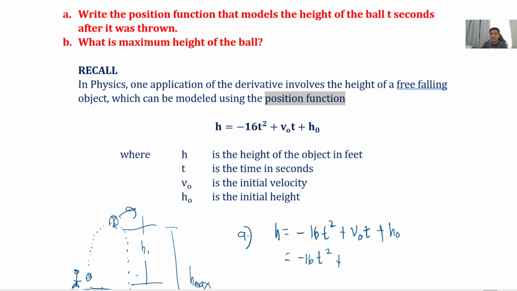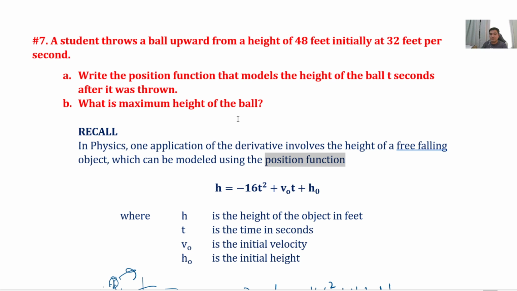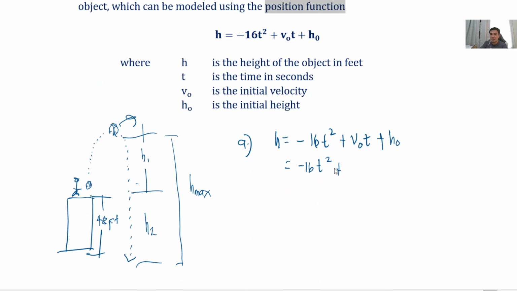Initial velocity is 32 feet per second, times time, which is another unknown, plus the original height, which is 48 feet above the ground. Okay? So, 48. That is your height. Para makuha natin 'yung time, okay?